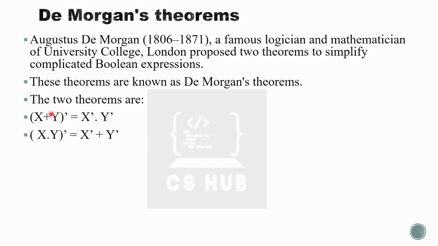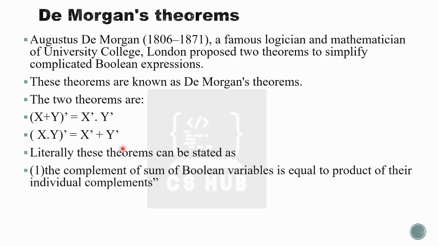When we distribute this complement, the sign will change. (x plus y) all complement is equal to x complement, this plus is changed to dot, y complement. Here, this dot is changed to plus. (x dot y) whole complement is equal to x complement plus y complement.